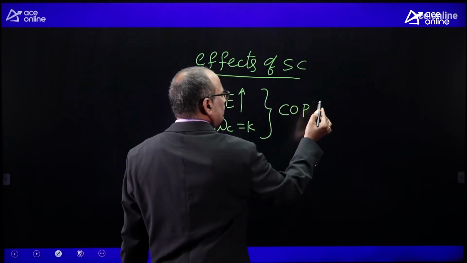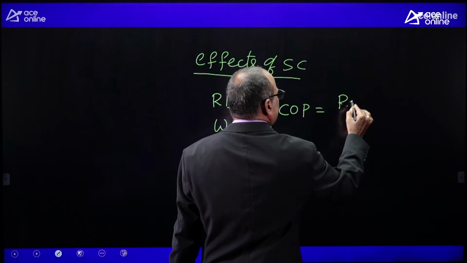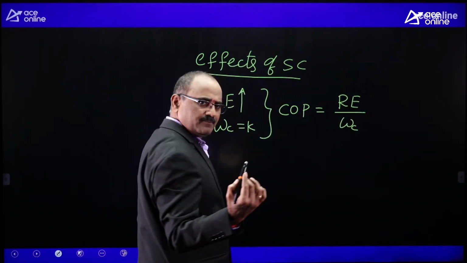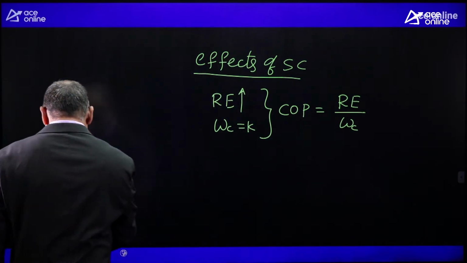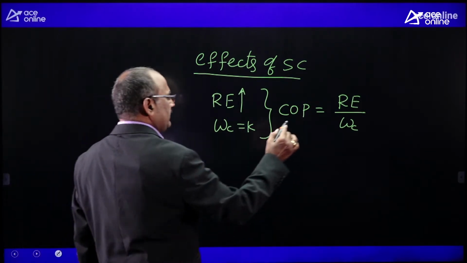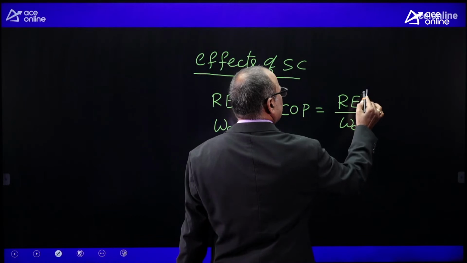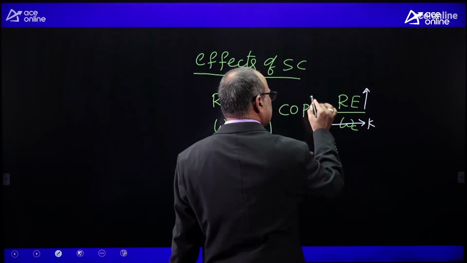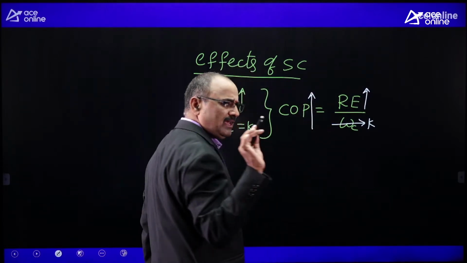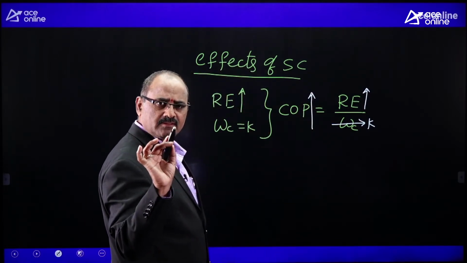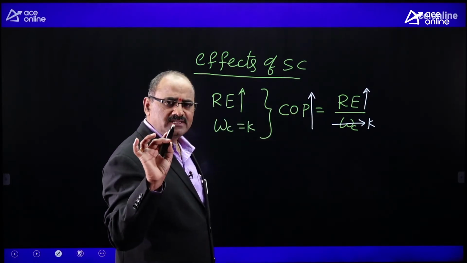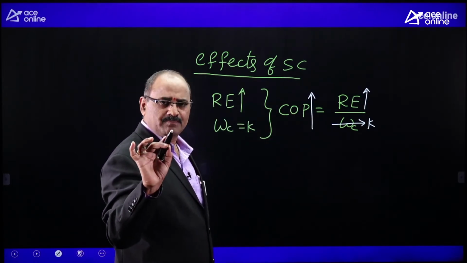COP is equal to refrigeration effect divided by work input to the compressor. Because of the increase in refrigeration effect at constant work of compression, COP definitely increases. Because of the subcooling, the coefficient of performance increases.